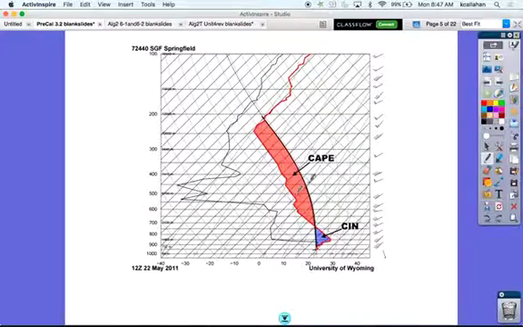But this is the thing you look at when you're forecasting thunderstorms. What's going to happen in a thunderstorm is that some little bit of air down here, which has its own temperature and humidity, is somehow going to be forced to go up. And when it gets to the point, like here, where it's actually less dense than its environment, it's buoyant. It's going to keep rising. So once it gets past this temperature line right there, nothing's going to stop that thing from going up very quickly.